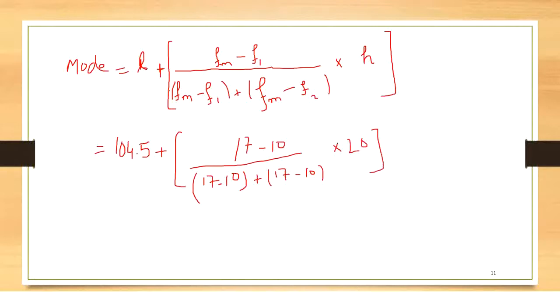And when we calculate it, we will get 114 point something, and this will be the mode of the given data.